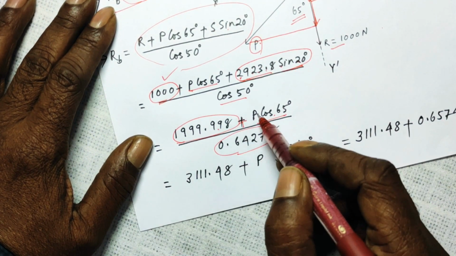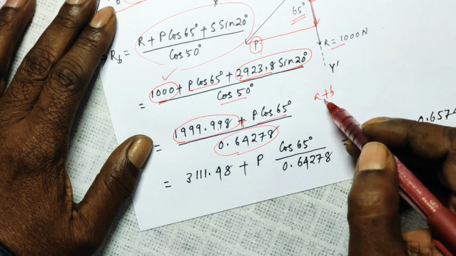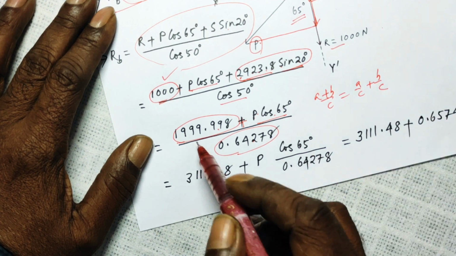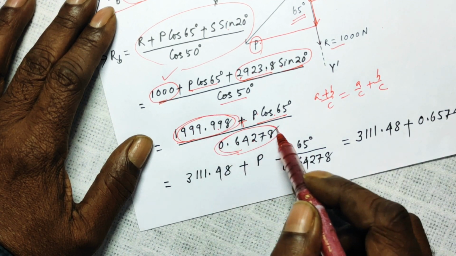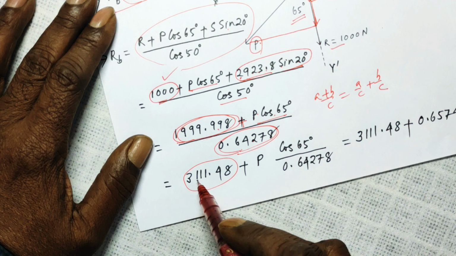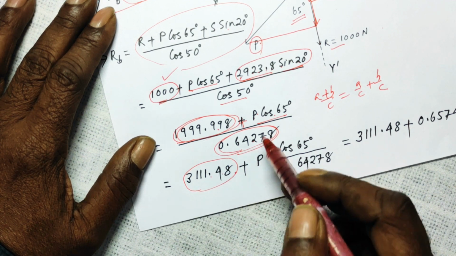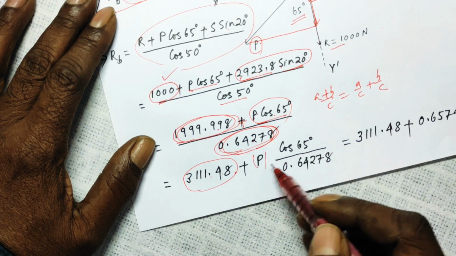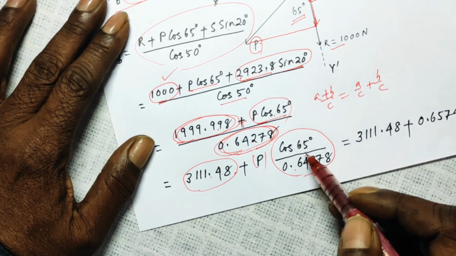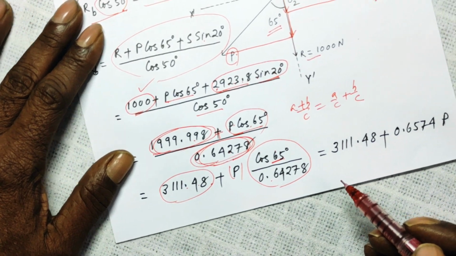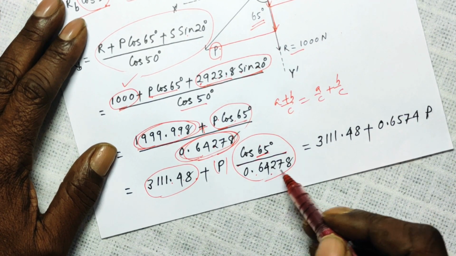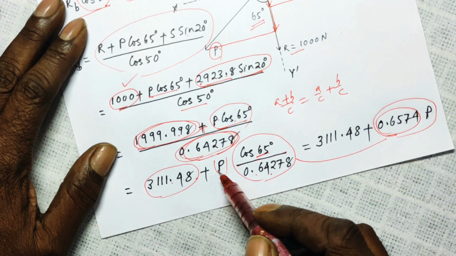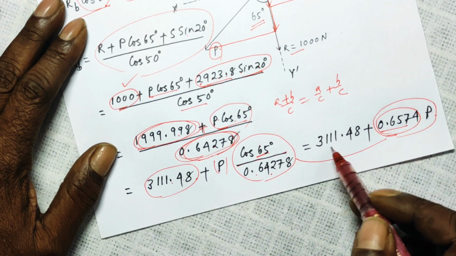Now A plus B by C is equal to A by C plus B by C. So this divided by this gives you 3111.48. Then this divided by this will be P times cos 65 over this. Put the value of cos 65 in a scientific calculator, divide with this, you get this much, and here P is multiplied, so P times this.